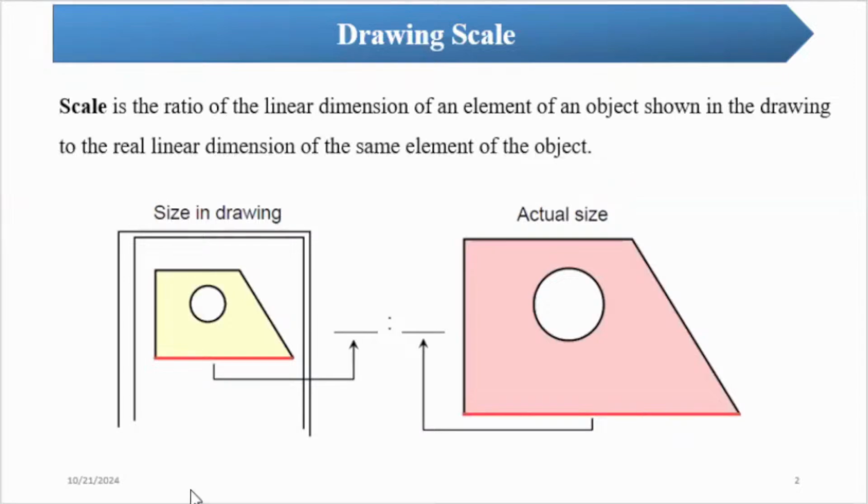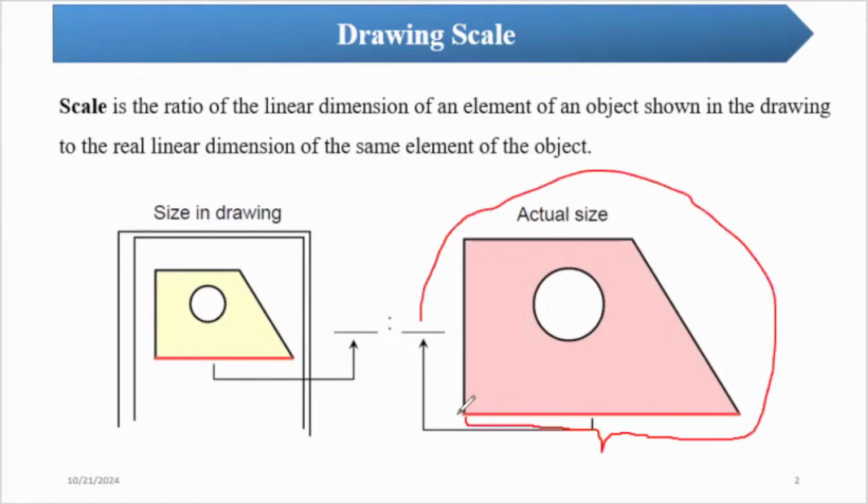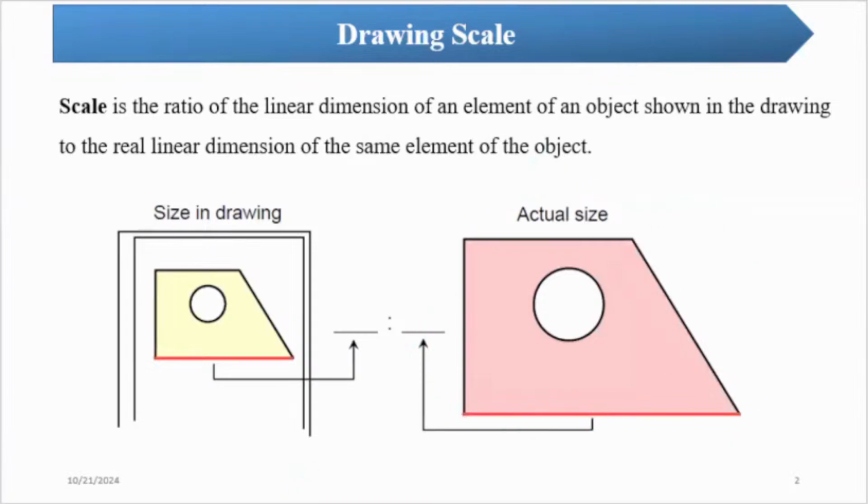So here you can see that the actual size of this object is this one, and this is the size of the drawing, right? So the scale is the ratio between these two lengths.